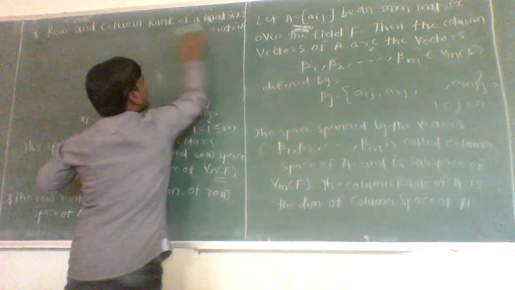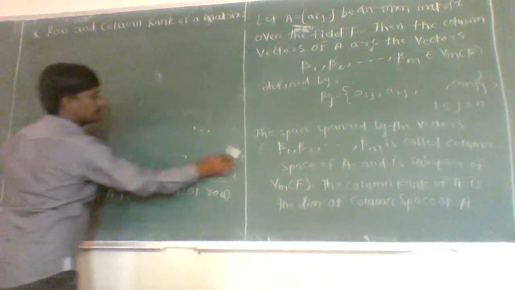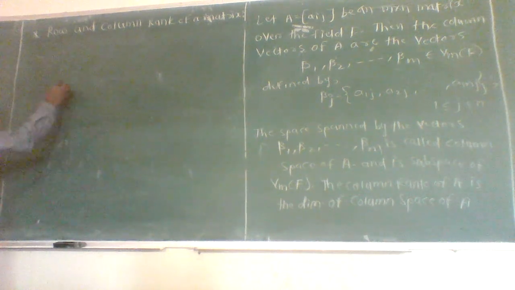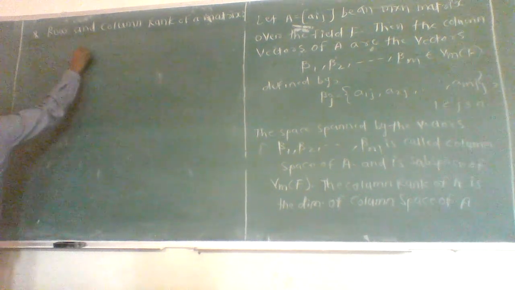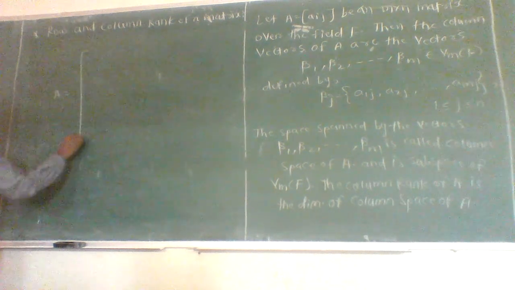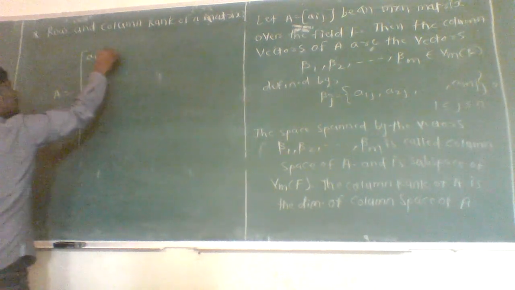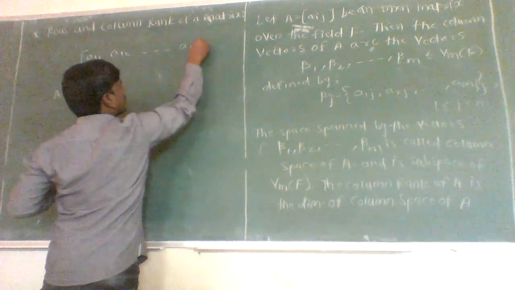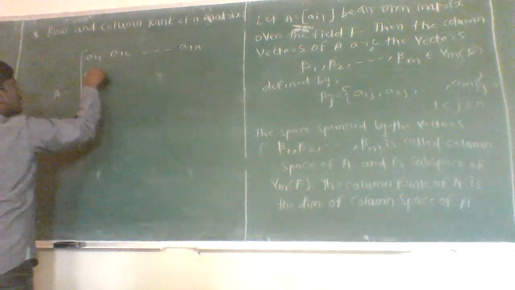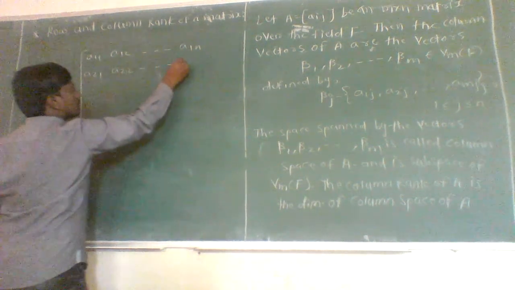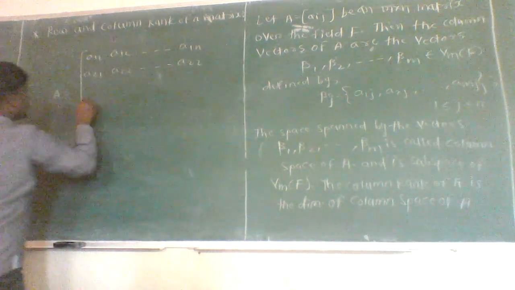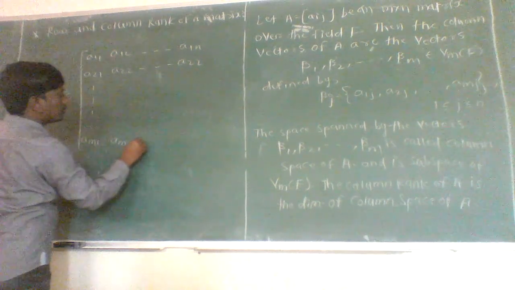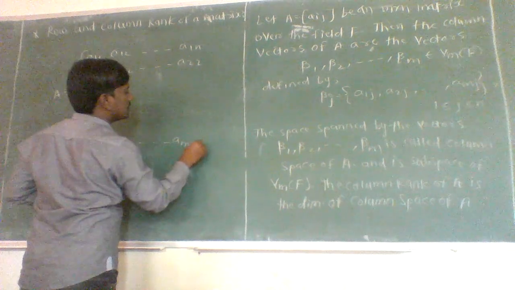Suppose A is any matrix of order m cross n, and suppose this is the matrix A, with entries a11, a12, up to a1n, a21, a22, and so on, up to am1, and so on, amn.